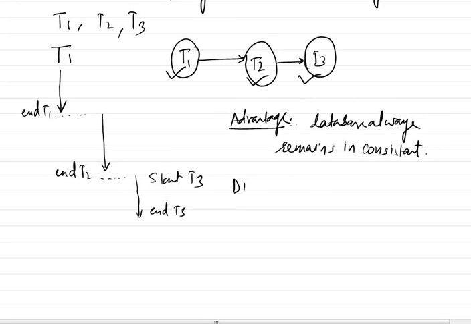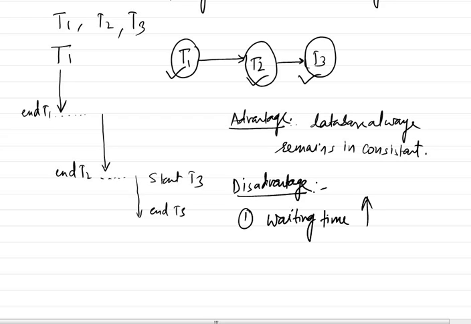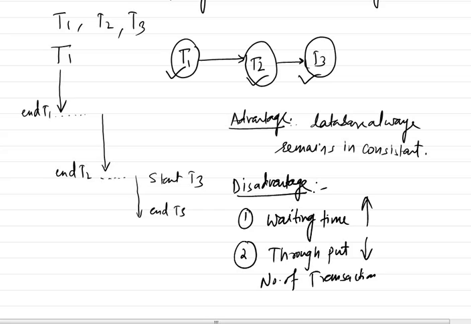So what is the disadvantage? Because of serial execution, the waiting time between two transactions increases. If waiting time increases, this is a disadvantage, and because the waiting time increases, throughput will decrease. What is throughput? Throughput means the number of transactions executed per unit of time.